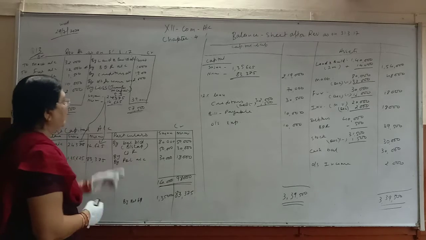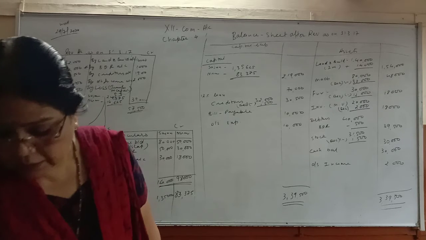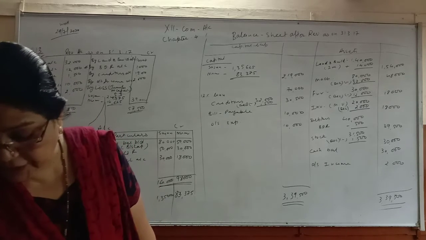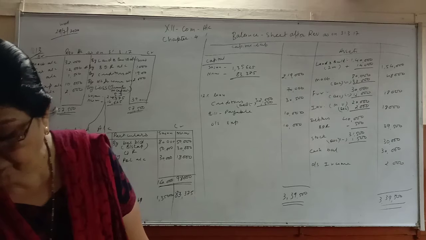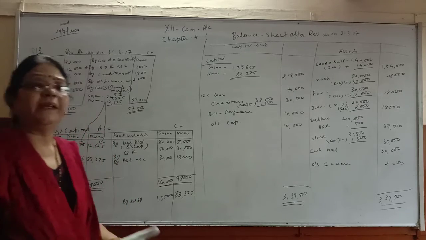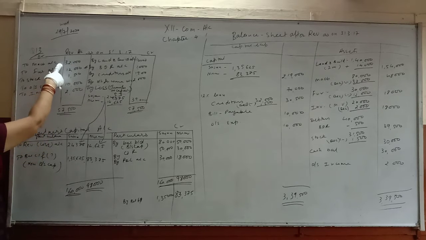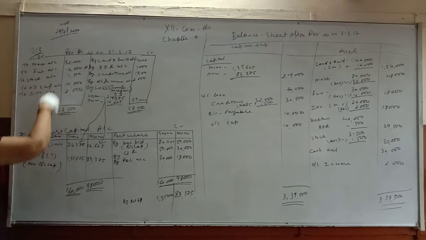In the same way, the BDR 1,000 is not required. The value of machine and furniture is to be reduced by 40%. So to be reduced means assets decrease. So we are going to reduce 40% of the value of the machinery and furniture, both 40%.